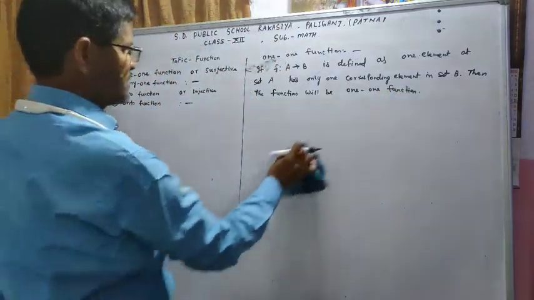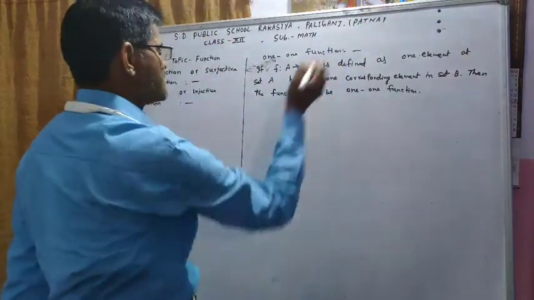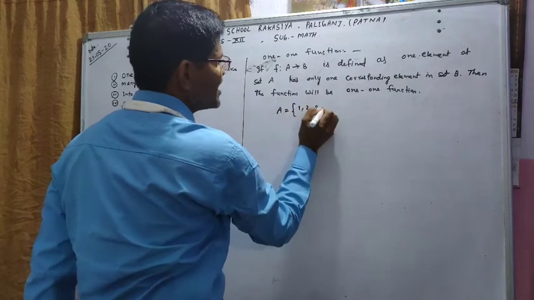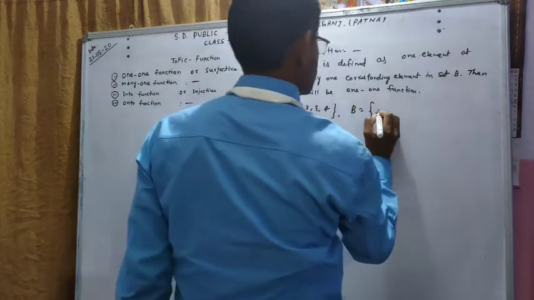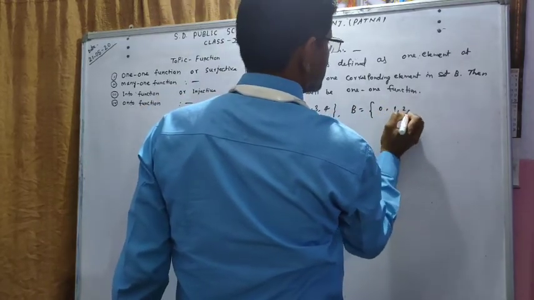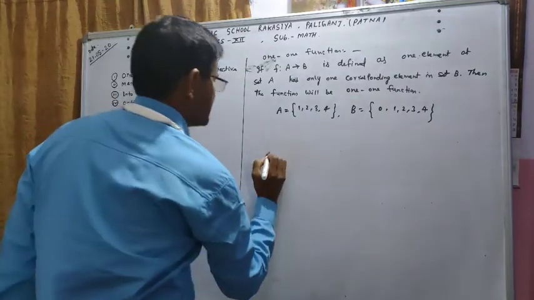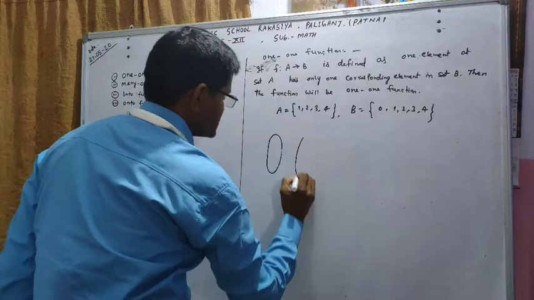We understand it by mapping. Suppose set A has elements 1, 2, 3 and 4, and set B has elements 0, 1, 2, 3 and 4. The function is defined by the given mapping.